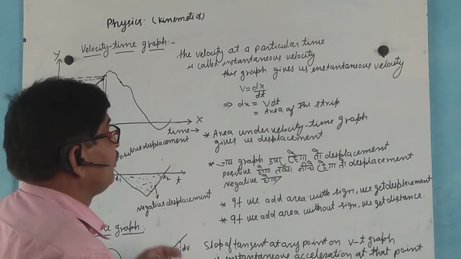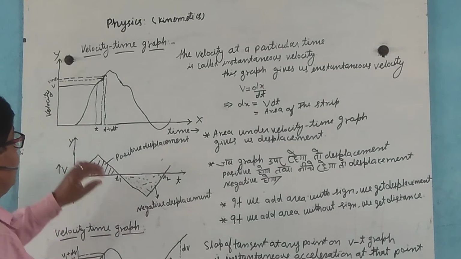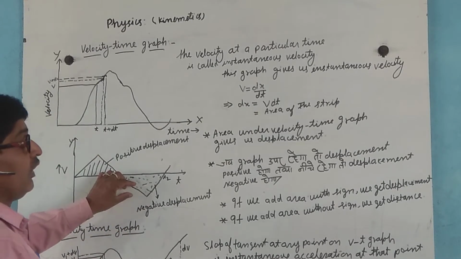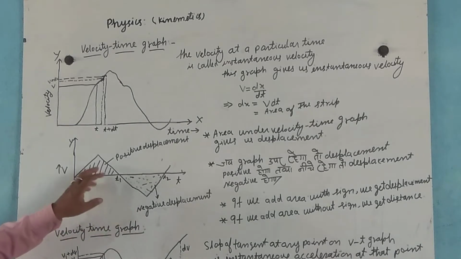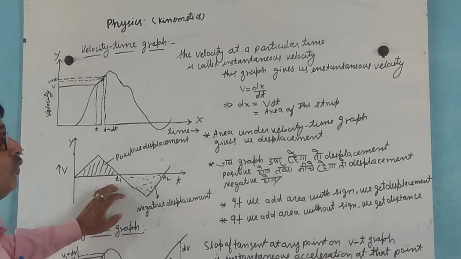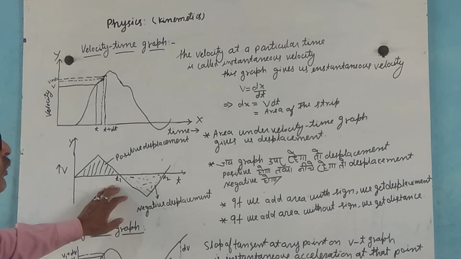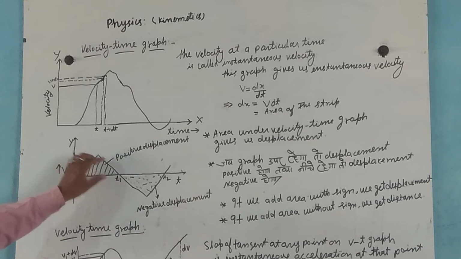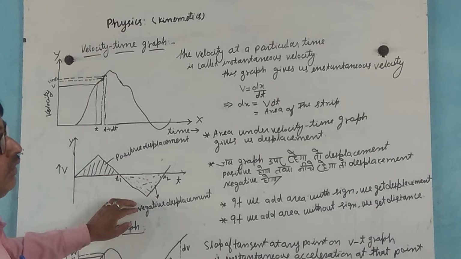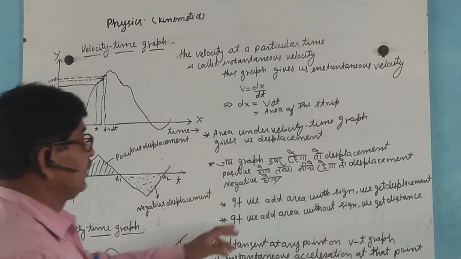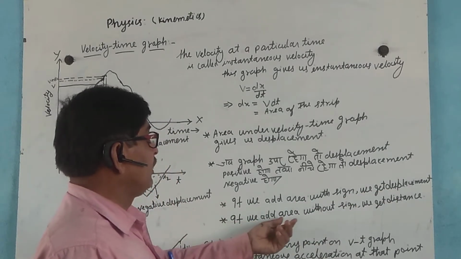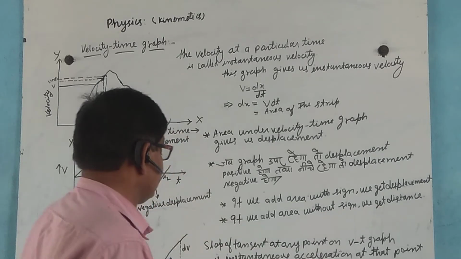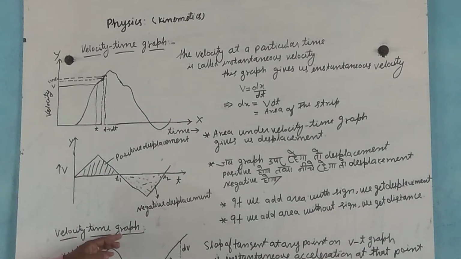If we add area with sign, then we get the displacement. इसका मतलब कि जब चिन्ह के साथ हम एरिया को जोड़ते हैं तो हमें डिस्प्लेसमेंट प्राप्त होता है, और जब बिना चिन्ह के दोनों एरिया को जोड़ देते हैं तो हमें डिस्टेंस प्राप्त होता है. If you add area with sign you get displacement, and if you add area without sign we get distance.